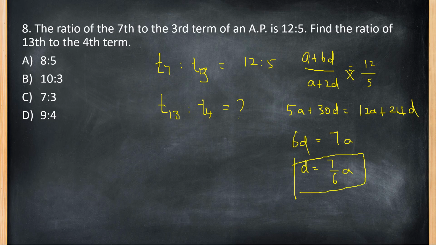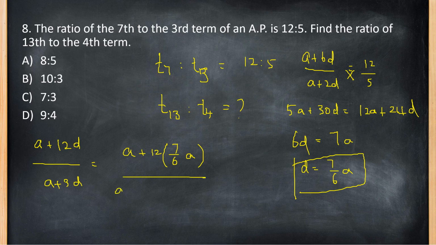And we can take it this way. T13 by T4 is (a plus 12d) divided by (a plus 3d), and this is a plus 12 into, in the place of d I'll take 7 by 6 a, divided by a plus 3 into 7 by 6 a. Right? So this goes off, I'll take this off, this is given by 2 and this is 2 again.